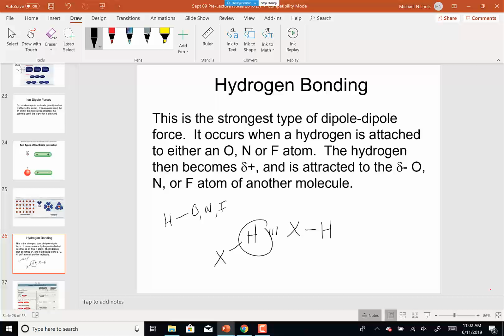That's the hydrogen involved in the hydrogen bond. So one of the things that sometimes people say is, is that really a hydrogen bond?